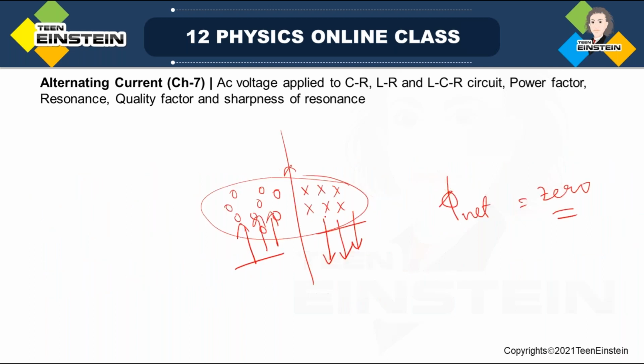You can see that in half of the loop the flux lines are downward, and in the other half of the loop the flux lines are in the upward direction. That means the net flux will be zero in any case. Therefore the induced EMF will be zero in all conditions.